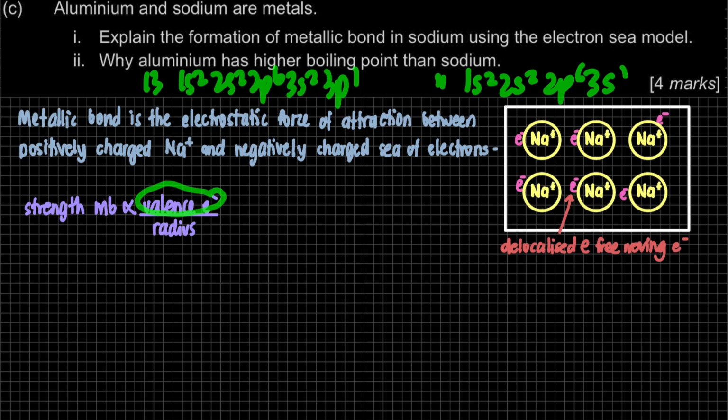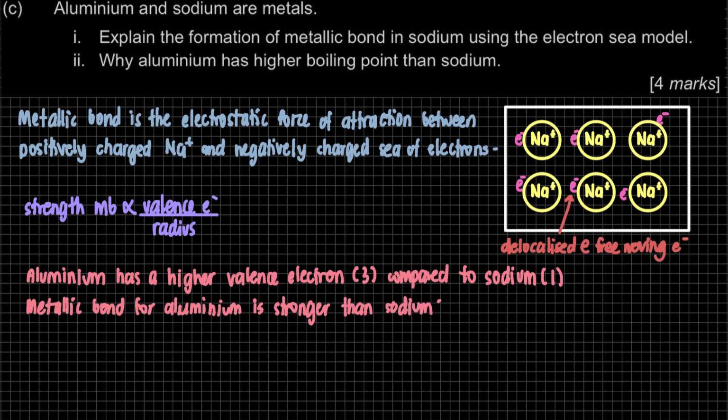It's fine if you only want to explain in terms of valence electrons: aluminium has 3, our sodium has 1. When aluminium has more valence electrons compared to sodium, we know that the strength of metallic bond is directly proportional, so the metallic bond for aluminium is stronger than sodium. When it is stronger, more energy is needed to overcome the force of attraction. Then aluminium has a higher boiling point.